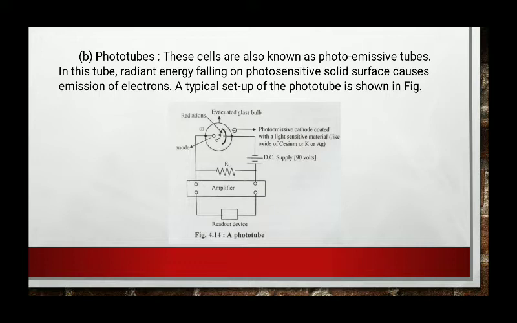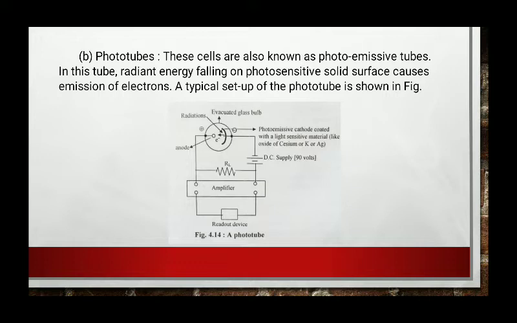Due to the flow of these electrons, there occurs an IR drop across the resistance RL, which is proportional to the current. The current is amplified and measured by the readout device. The current measures the radiant power of light radiation striking the photosensitive surface.